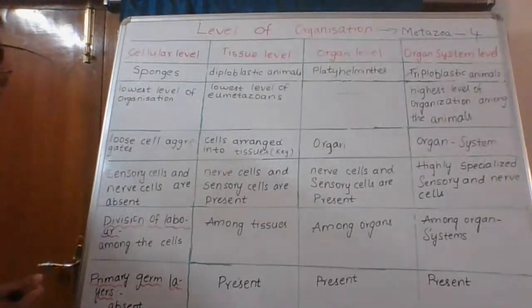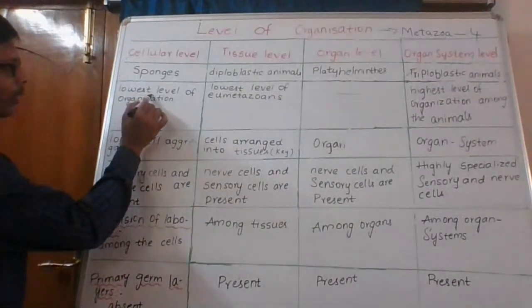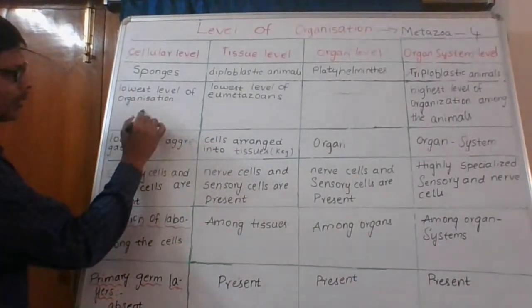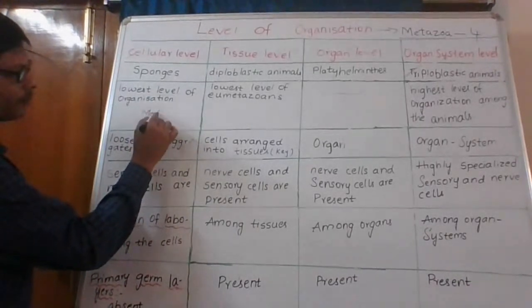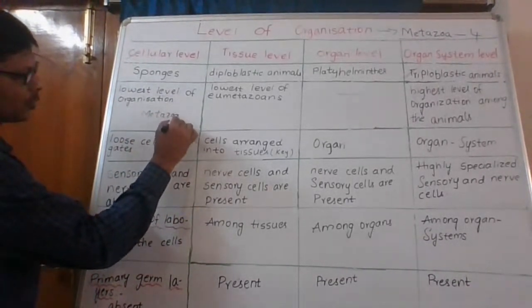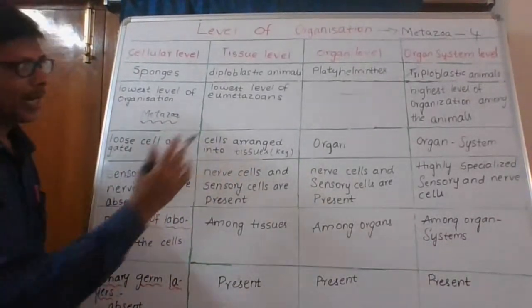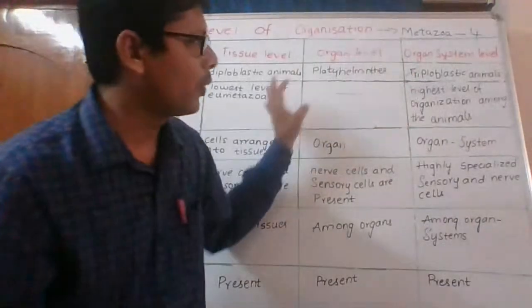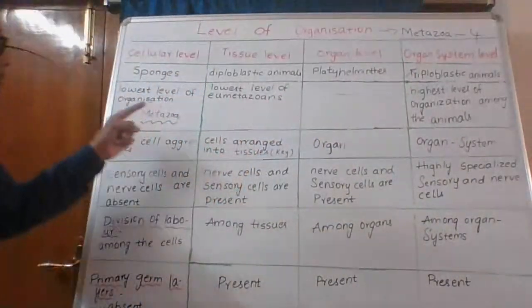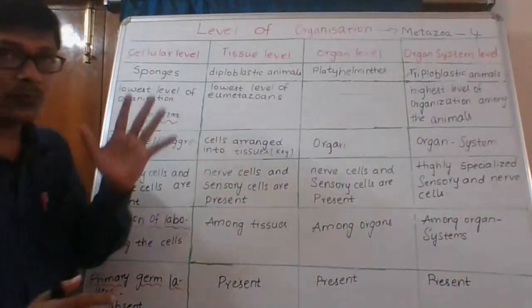Next one, cellular level of organization. It is the lowest level of organization in metazoa, in the Animalia kingdom. Among these four, the lowest level is cellular.